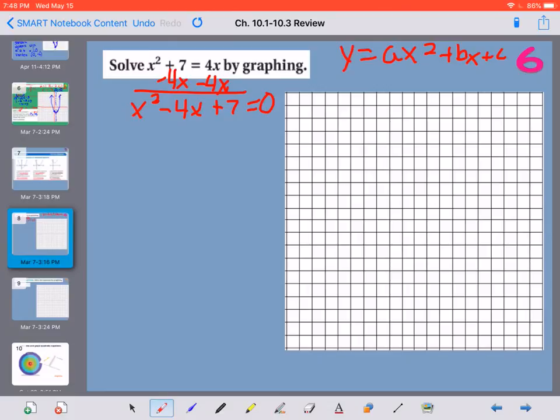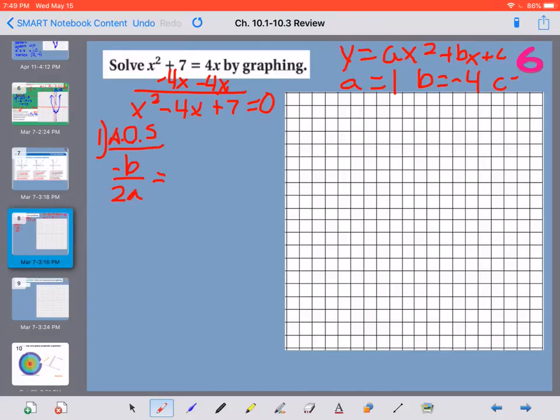Alright, so our first step to solving this is to find the axis of symmetry. We do that by finding negative b divided by 2a. In this case, our a is going to be 1. Our b is going to be negative 4.